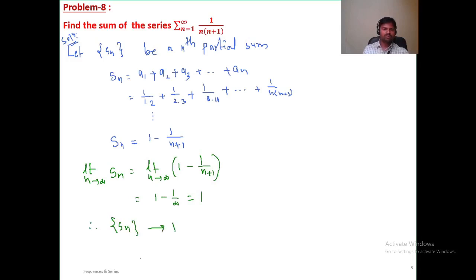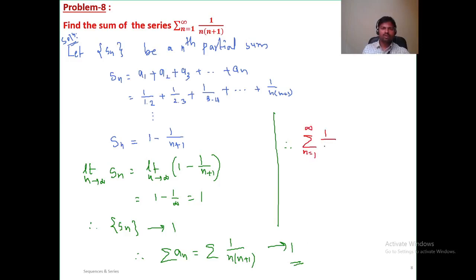So therefore the series AN, series 1 upon n into n plus 1, is also converges to 1. That's it. Or simply you can write, series n is running from 1 to infinity, 1 upon n into n plus 1 is equal to how much? 1.